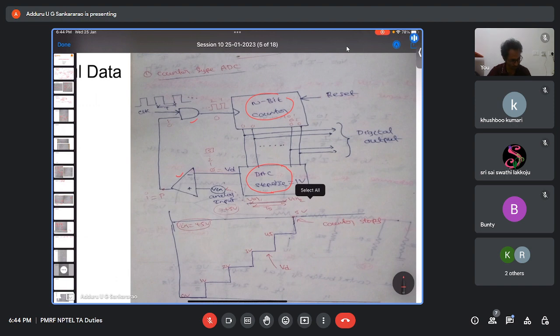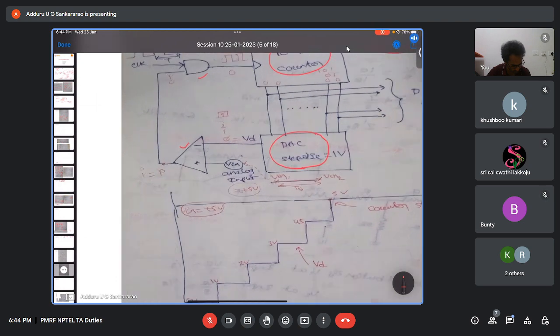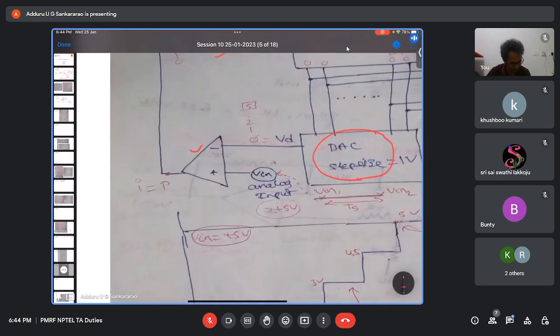Okay, and if you see here, this is the digital output of the counter type ADC. You will have some other control. Reset means the counter will be reset to 0. Hope you can see this. I'm zooming it. For this comparator, the DAC, digital to analog converter output is given at the inverting terminal, and our actual sample is given at the non-inverting terminal.